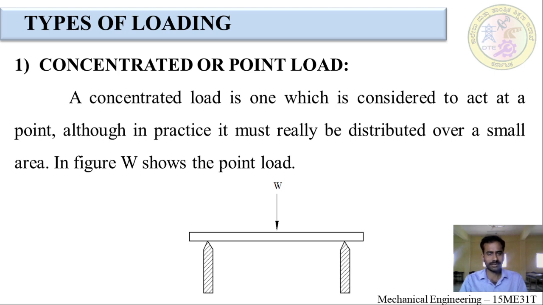You cannot consider it only at a point, but it is acting on a very small, negligible area, hence it is called a point load. The figure shows a beam with a point load at its center. It can be denoted by W.